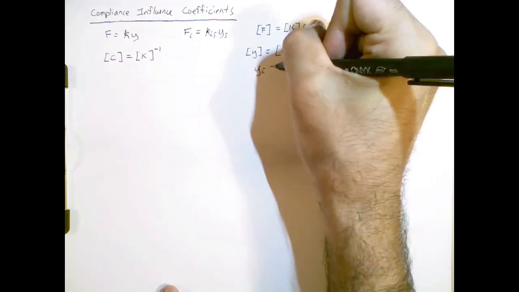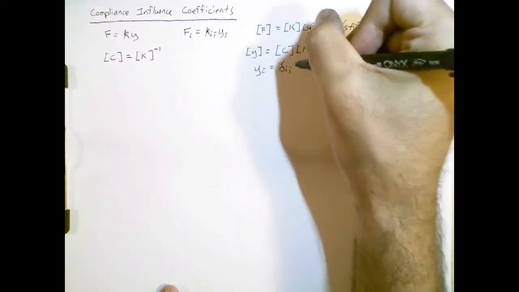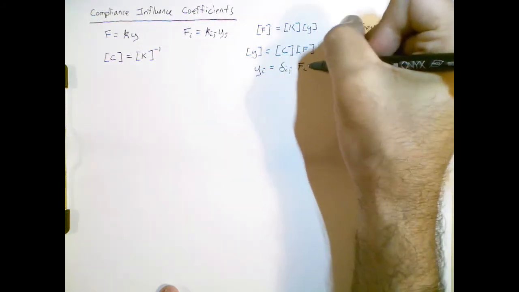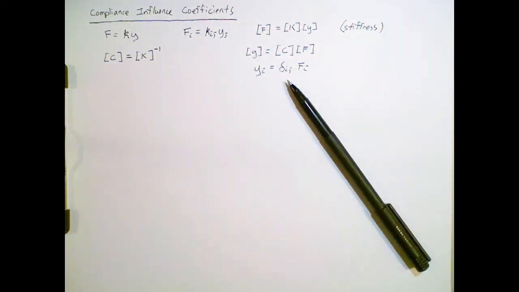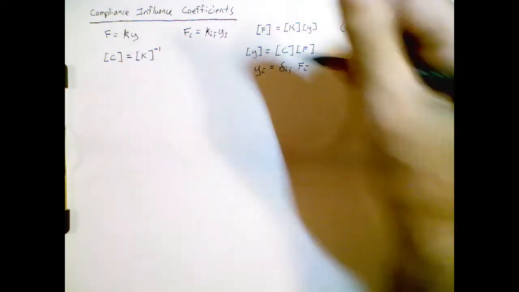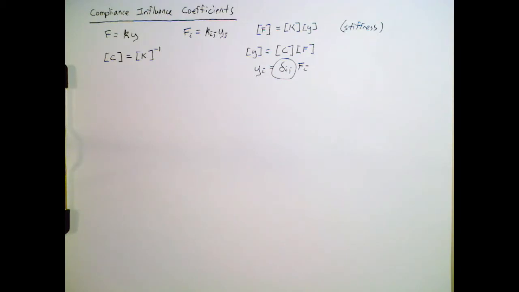So y_i is equal to delta_ij times f_j. Now I'm using delta_ij to represent the components of the compliance matrix to be consistent with the notation that's used in your textbook. So what is this delta_ij? This is a compliance influence coefficient.